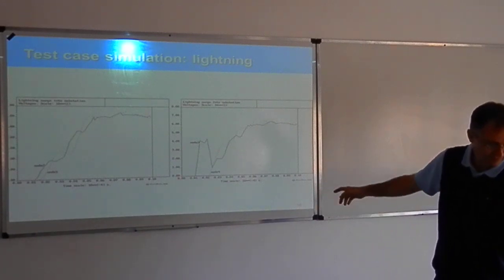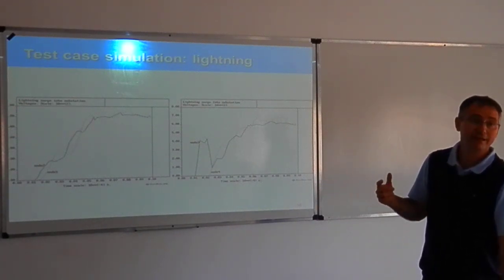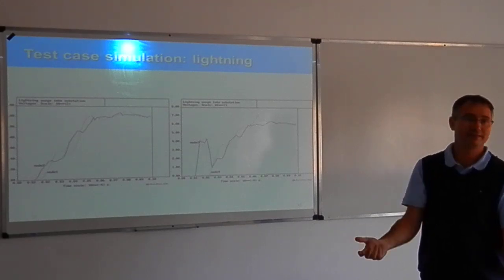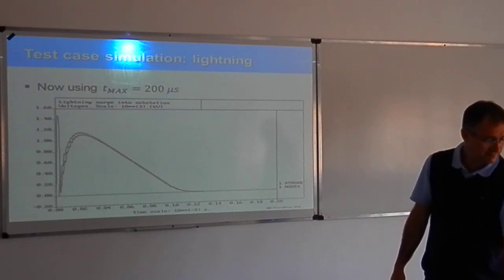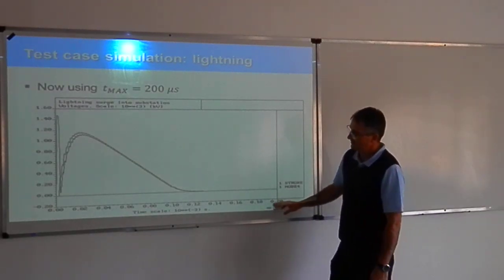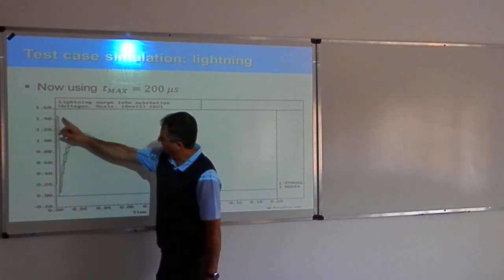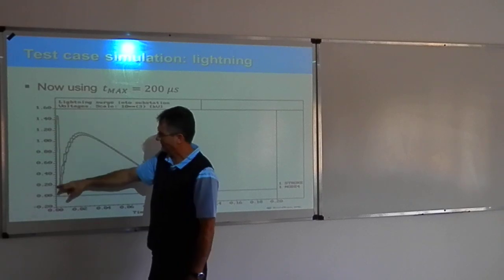But you don't see how large the voltage would be if you don't have an estimate of Tmax, the maximum time. When you use this Tmax and run 200 microseconds, you see that you were looking only at the very beginning of the transient.